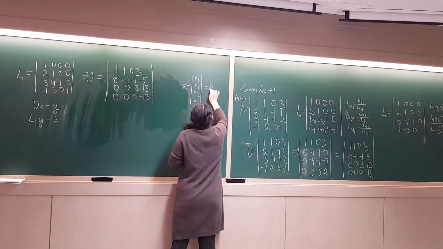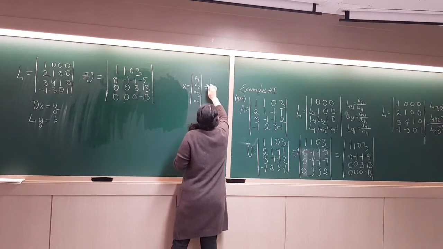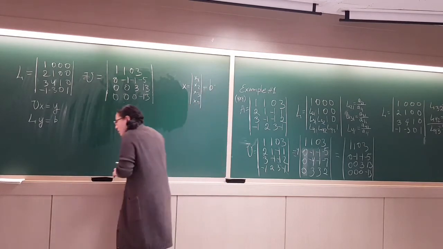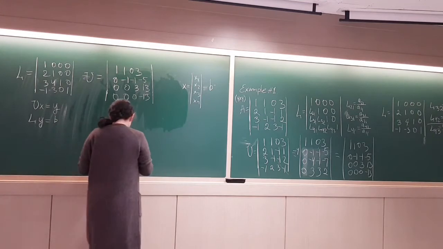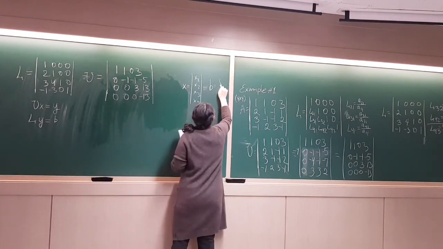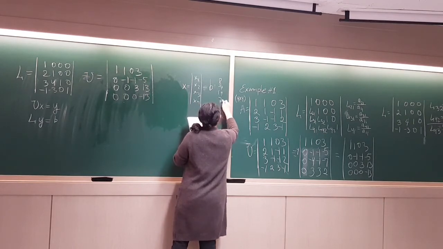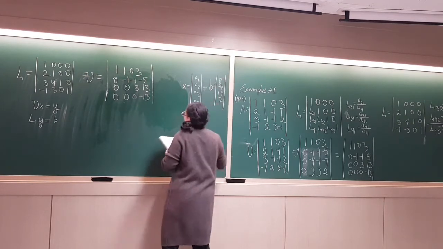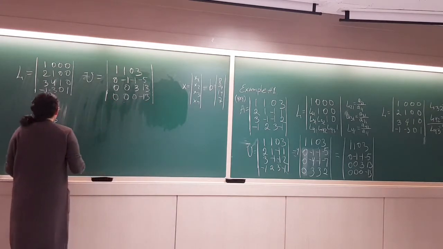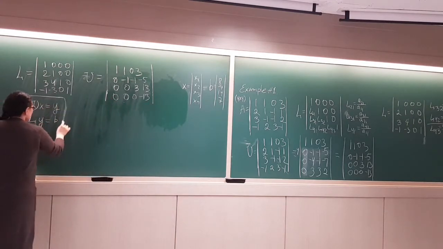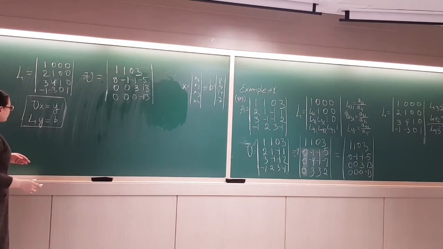And B is 7, 14, 7. Now we need to solve this to find the solution.